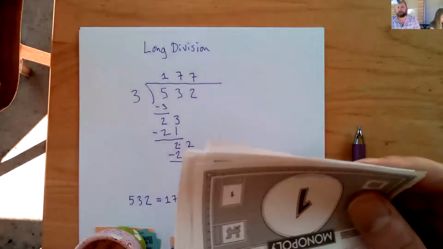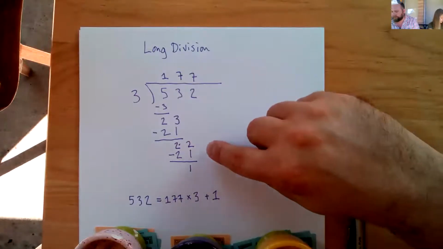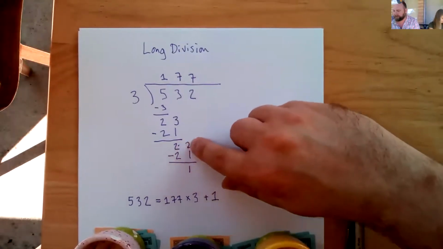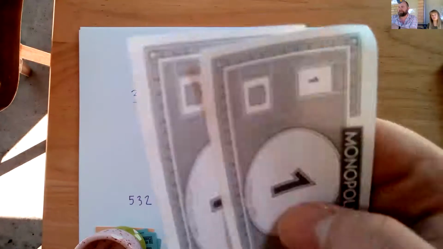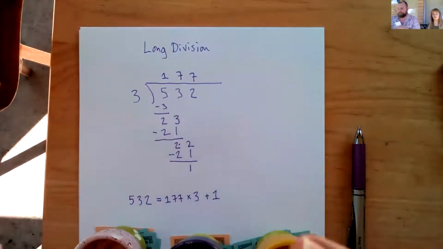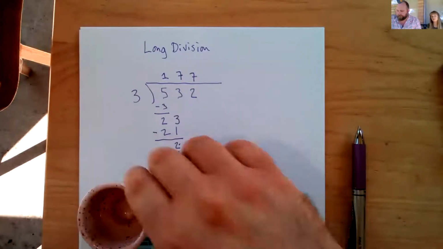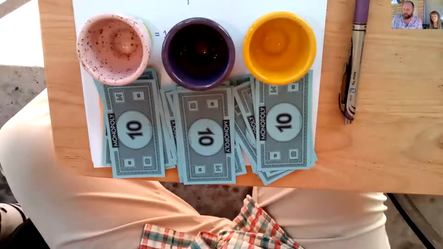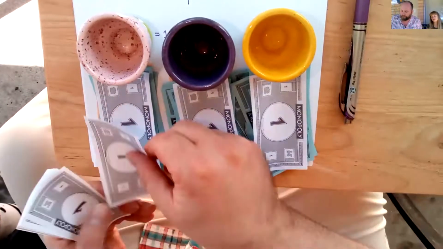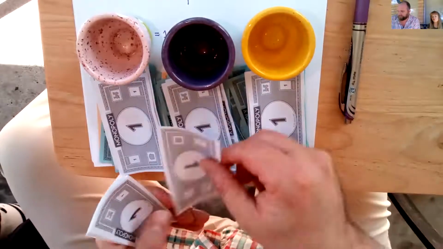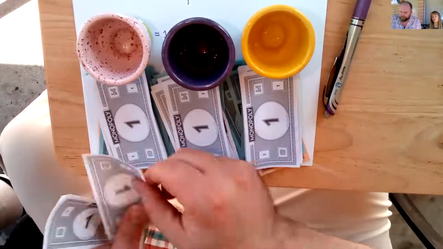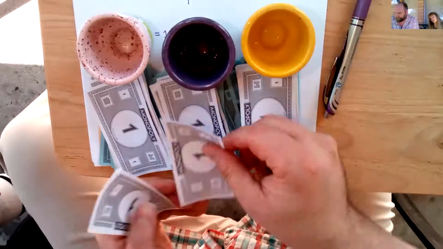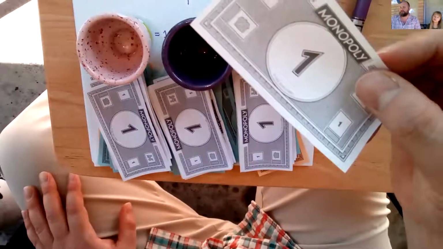Okay, so I take the 20 $1 bills, which corresponds to this 2 right here, and then I take the $2 that I already had, put them together for 22 $1 bills, and now I start divvying up again. 1, 2, 3, 4, 5, 6, 7, and now I have fewer than 3, so this is my remainder.